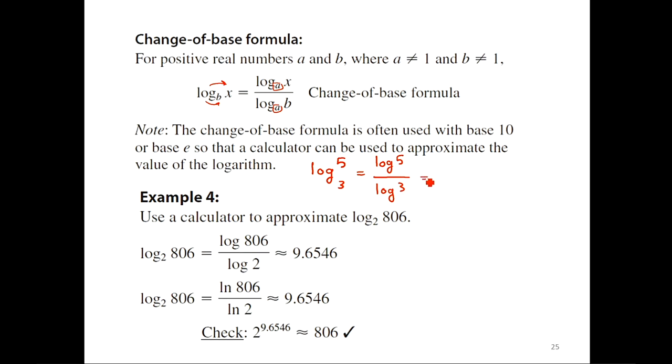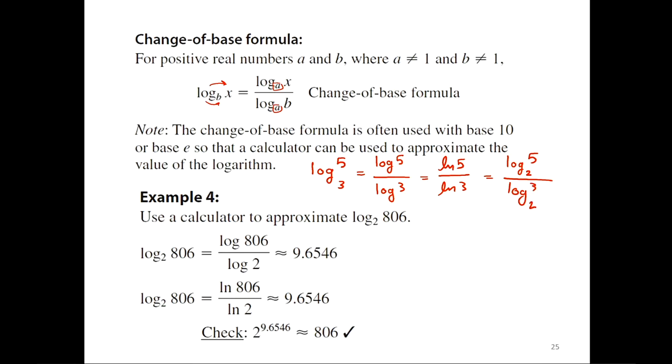Or we can put ln 5 to base e and ln 3 to base e, because ln is the logarithm to base e. Or we can use the natural logarithm, common logarithm, or any base. For example, we can put log 5 to base 2, log 3 to base 2 also.